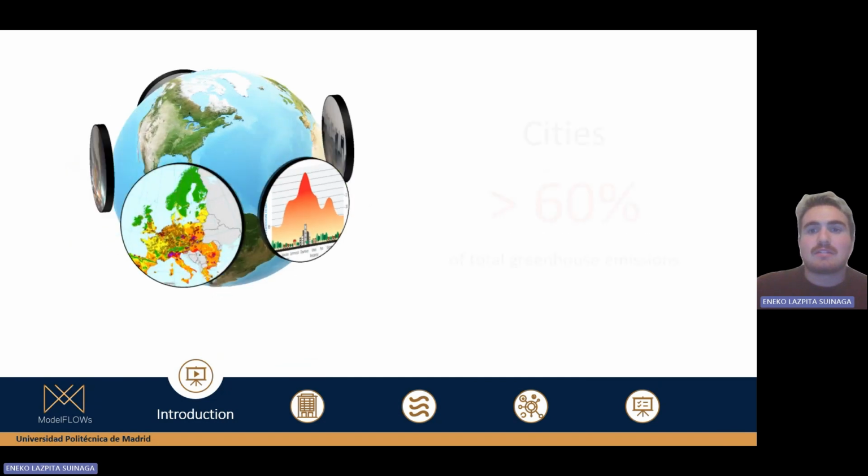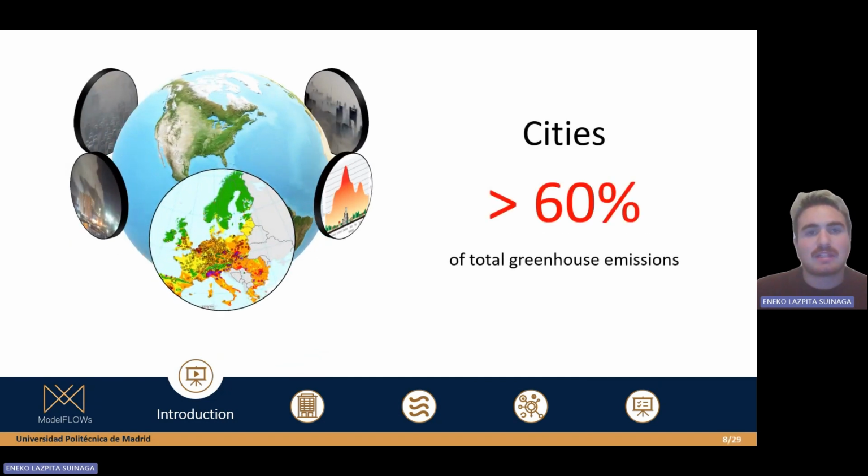And finally, just to give a data point, cities are the cause of more than 60% of the total greenhouse emissions. So this is a problem we have to try to palliate in the following years.